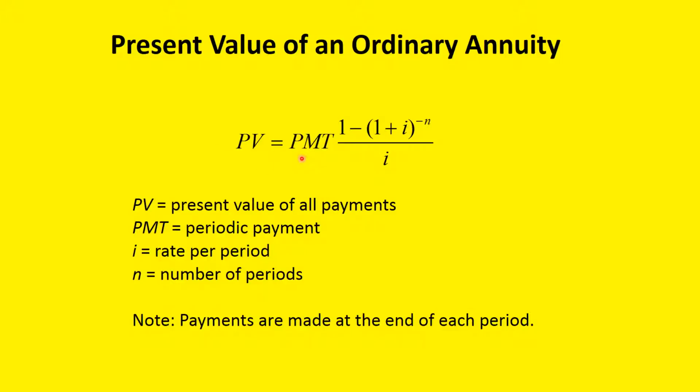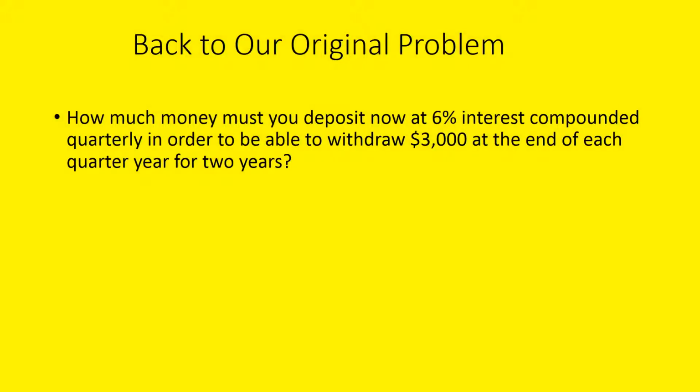Payment is the periodic payment, quarterly, in this case 3,000, and we get this expression as a coefficient. i is the rate per period, n is the number of payments, the familiar definitions. Payments are made at the end of each period because it's an annuity, and that's the defining characteristic of an annuity.